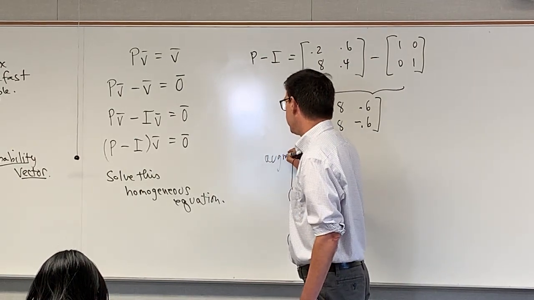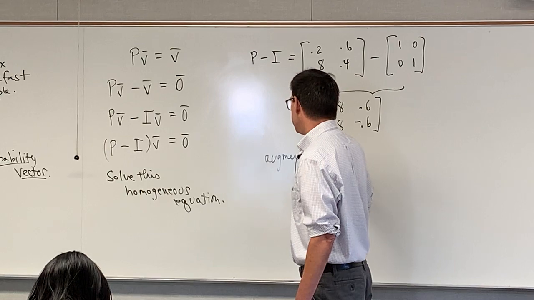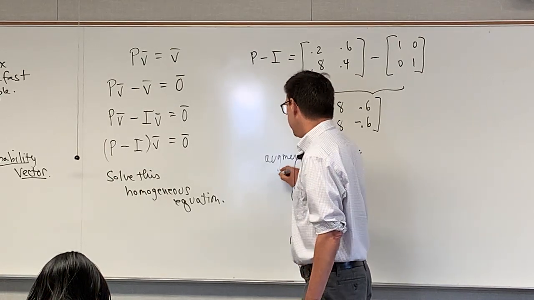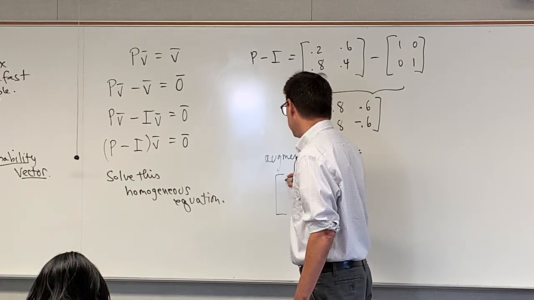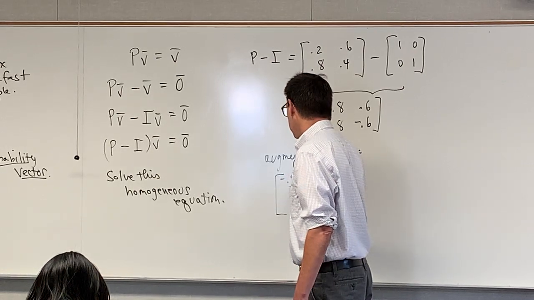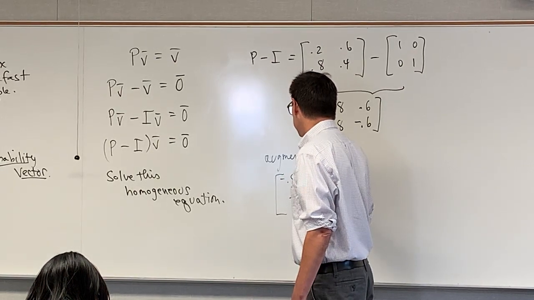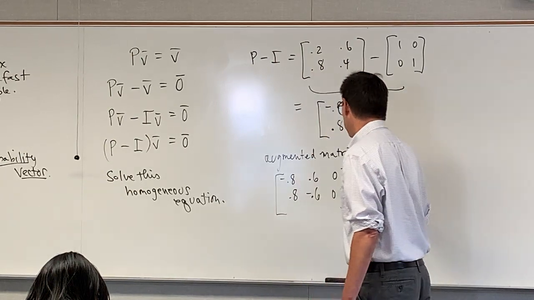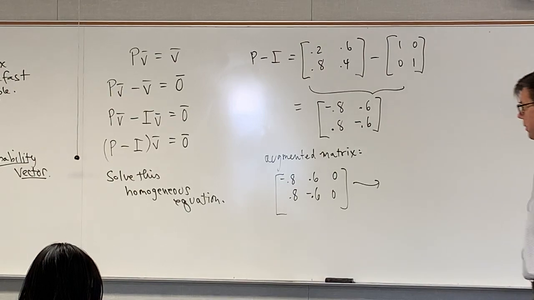I guess for the record, I'll write augmented matrix, so you all know the next few steps. Negative 0.8, 0.8, 0.6, negative 0.6, 0, 0, and we're going to reduce.